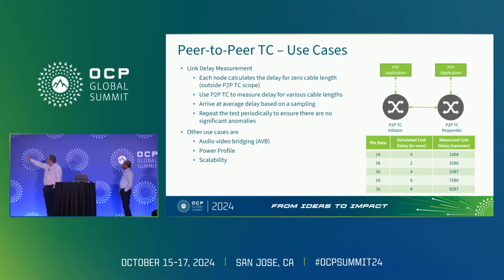These are just two nodes that implement peer-to-peer delay measurement. Even if they're not frequency synchronized, each with its own oscillator, we're still able to achieve very high accuracies in measuring delay.